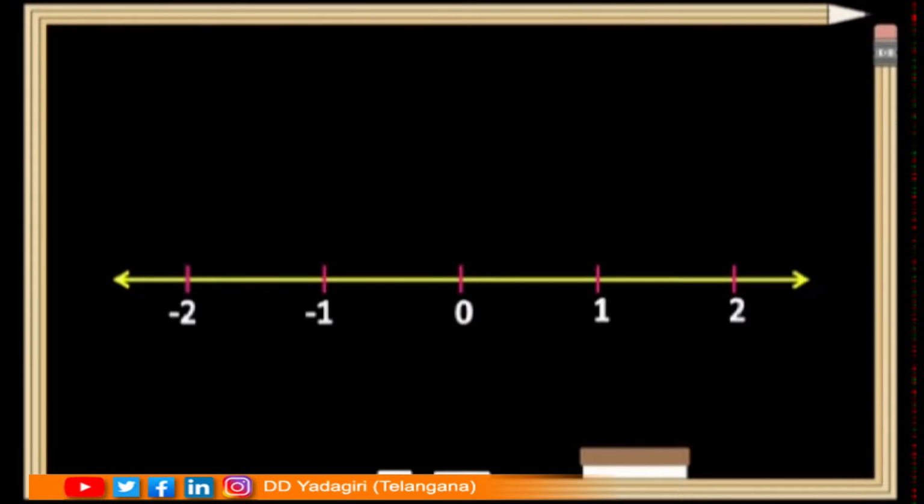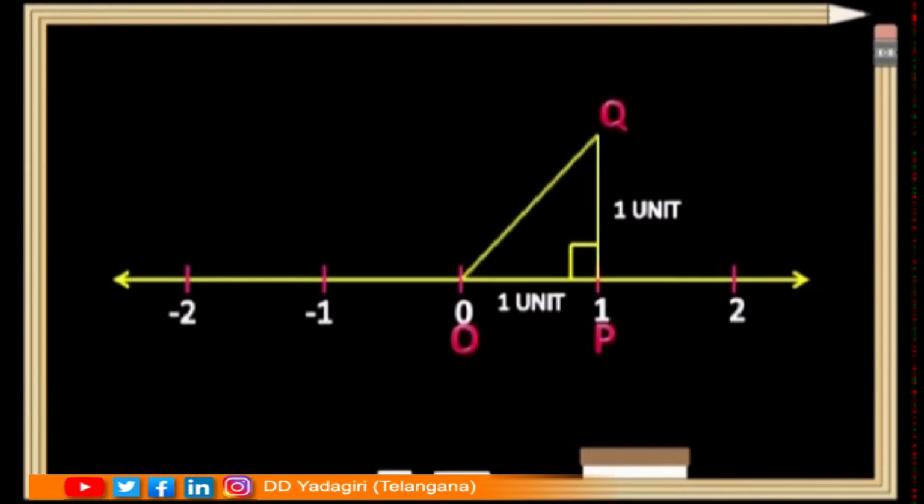Now, take a number line, locate the integer points -2, -1, 0, 1, 2 on the number line. Let us denote the point 0 with capital O and the point 1 with P. Then OP is equal to 1 unit, the length of the line segment OP is 1 unit. Now, draw a perpendicular line PQ of 1 unit, perpendicular to OP.